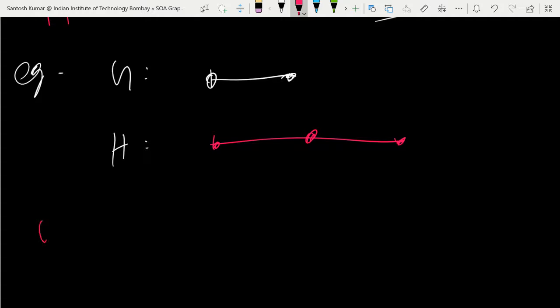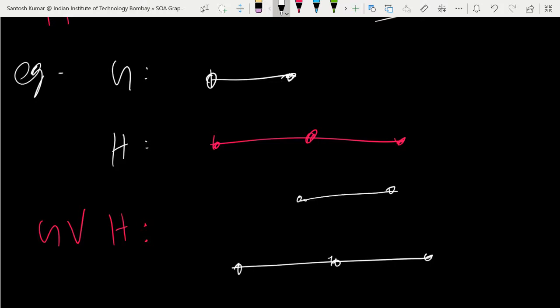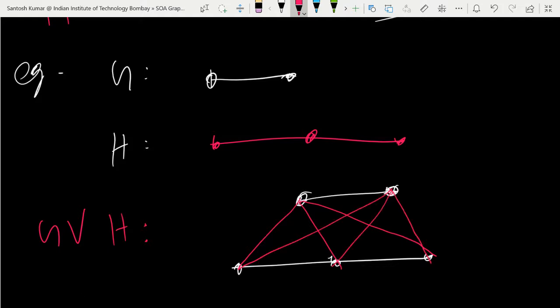So G join H: we have P3 and we have P2. Join each vertex of G to each vertex of H. Like this one will be joined to this one, and this one, and this one. Okay, so this is the graph.